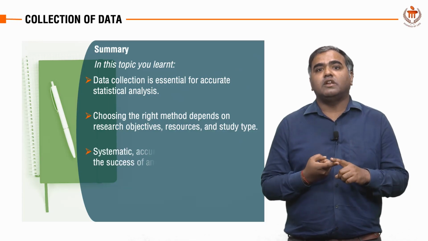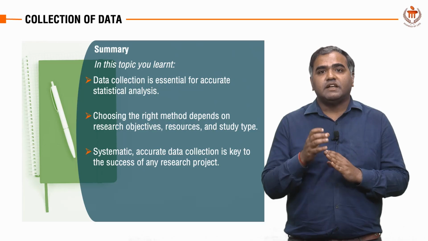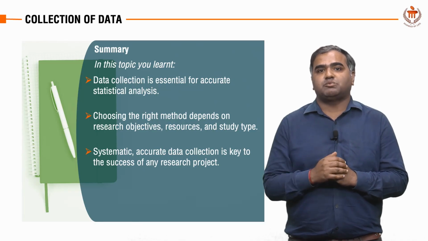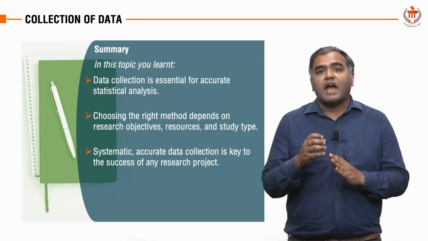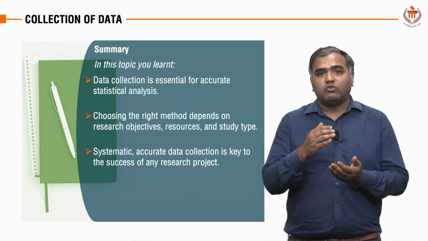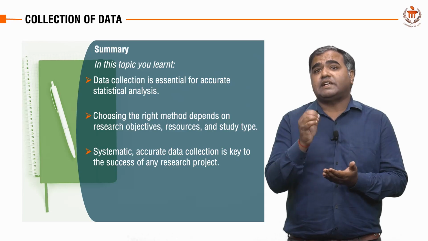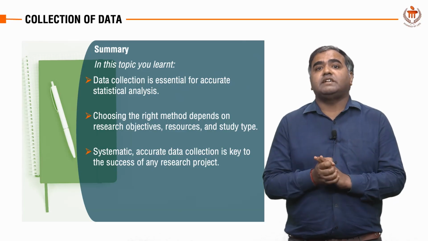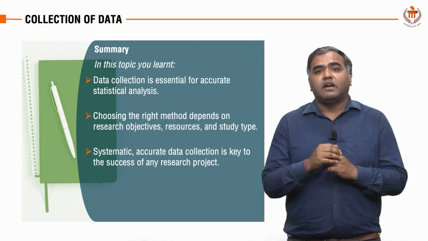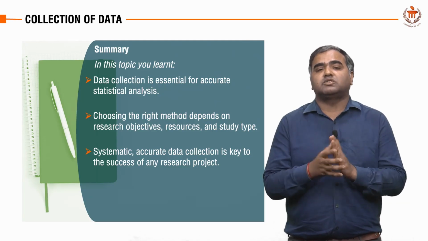Ensuring systematic and accurate data collection is key to the success of any research project, as it directly impacts the quality of the findings and their validity. When we do proper planning, attend to every detail, and adhere to ethical standards, which is vital for obtaining meaningful and trustworthy results, then our chosen mechanism works well.